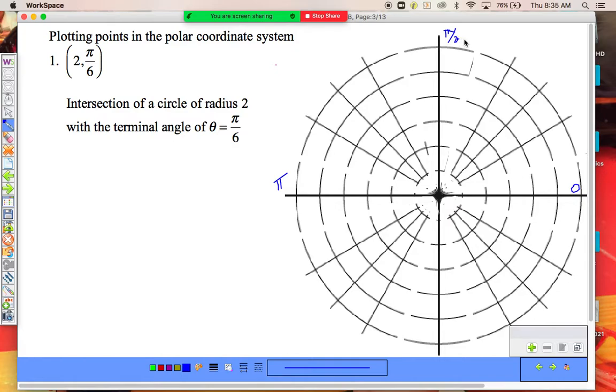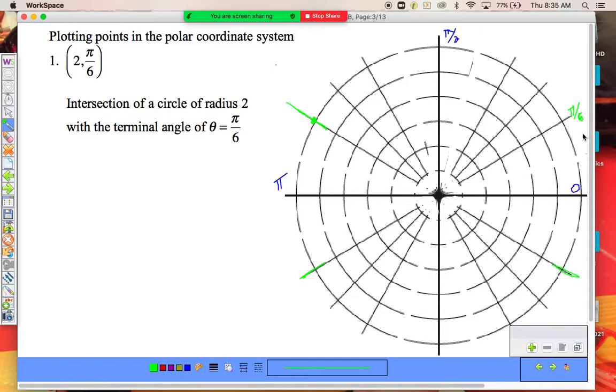The next part we need to recognize is that this is almost just like our unit circle, where these lines are my pi over 6s.